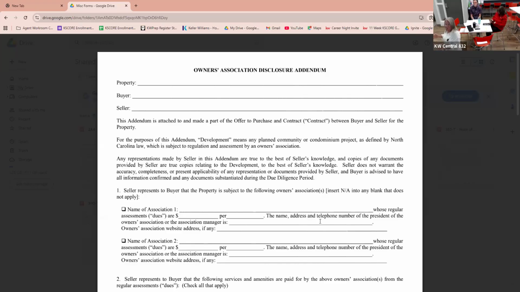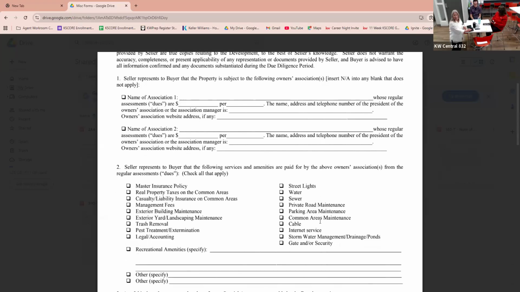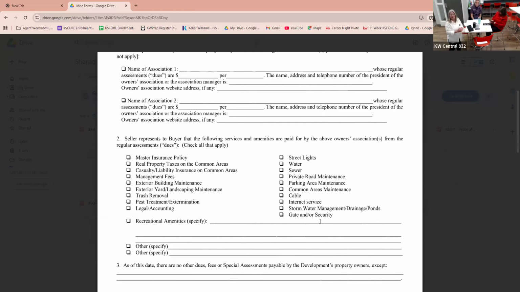Even though there may not be restrictive covenants, there might be an HOA for road maintenance or something like that. So this is a disclosure of how much, who do I contact, and what does that include? What am I getting for my money?